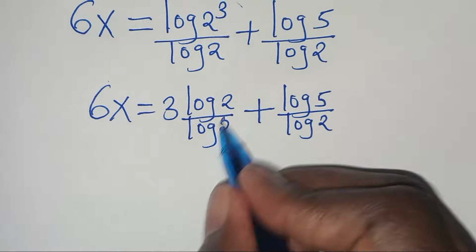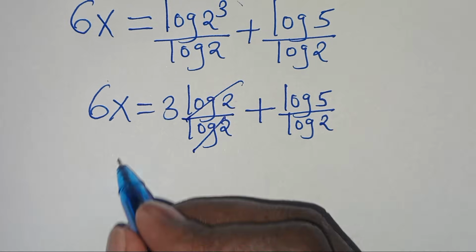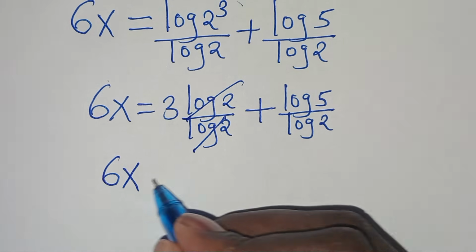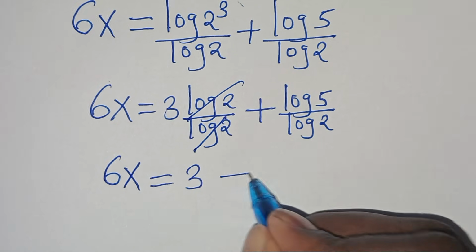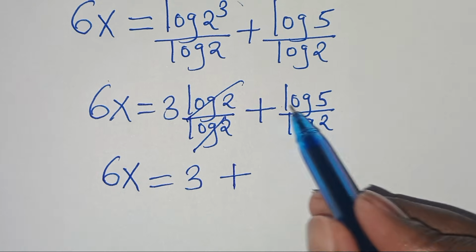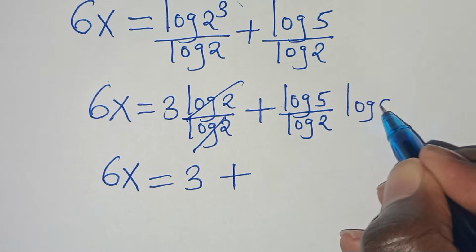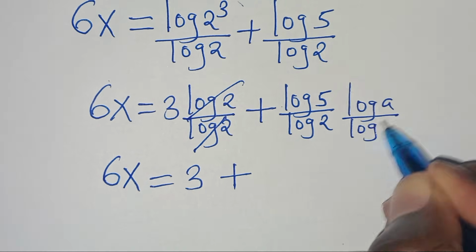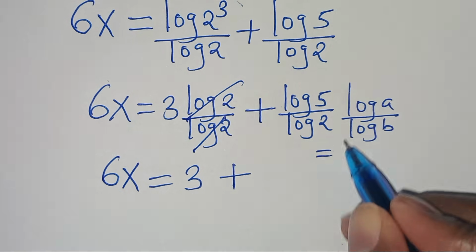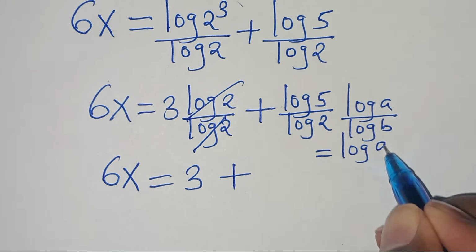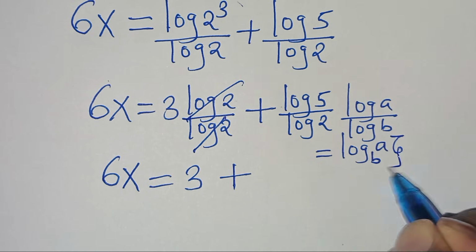So let's simplify log 2 and log 2 here, so that we have 6x is equal to 3 plus, now log 5 over log 2. This is in the form of log a divided by log b, which we can express as log a to base b.